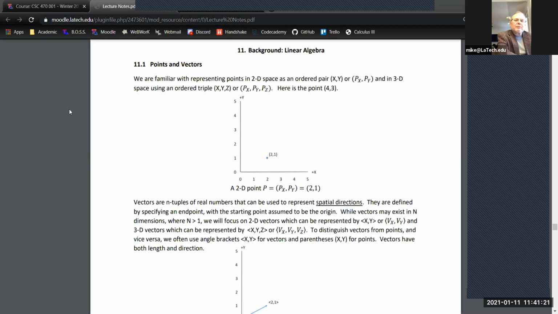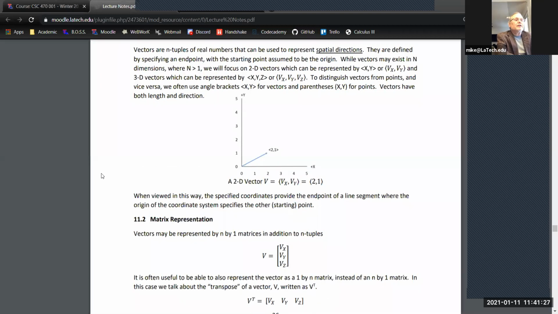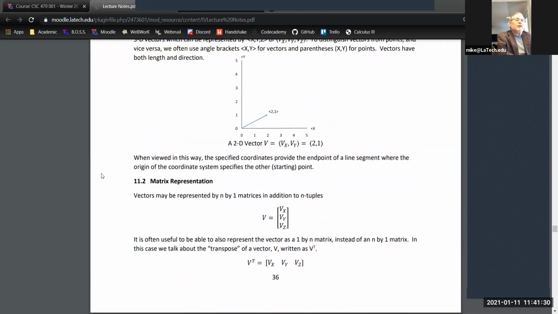Now, if you scroll to the bottom of the page, you can see that vectors can be represented as an ordered pair, like 2, 1, or an ordered triple if you're talking about 3 dimensions. It can also be shown as a vertical vector. If you've got a 3D point or a vector in 3-dimensional space, you can write it as x1, y1, z1, vertically or horizontally.